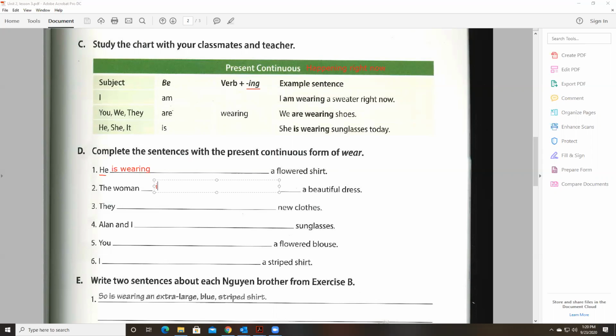So you will just use is wearing a beautiful dress. Number 3, they are wearing new clothes.